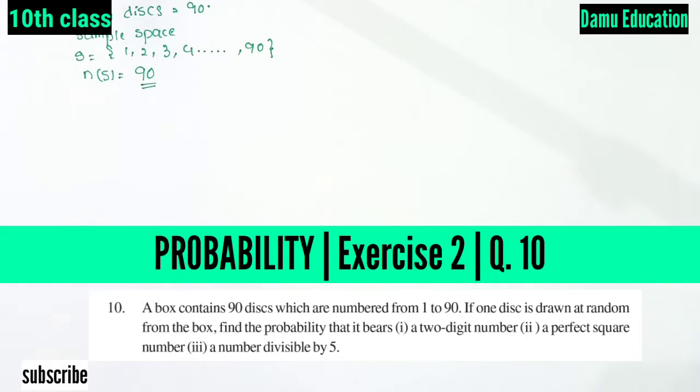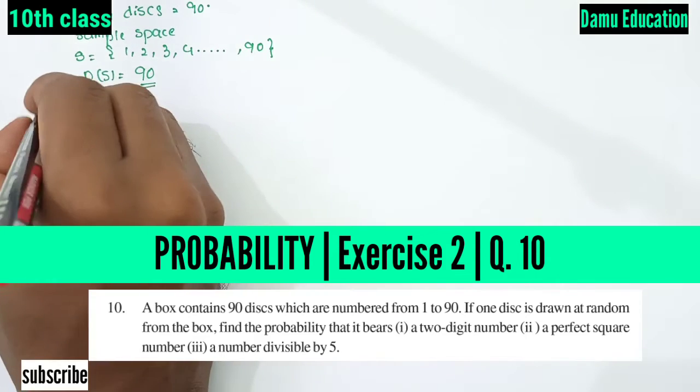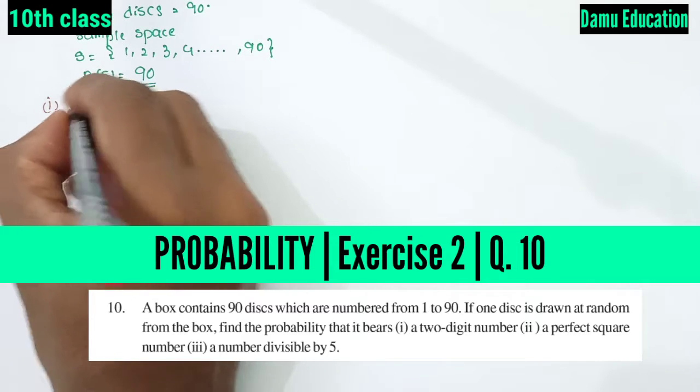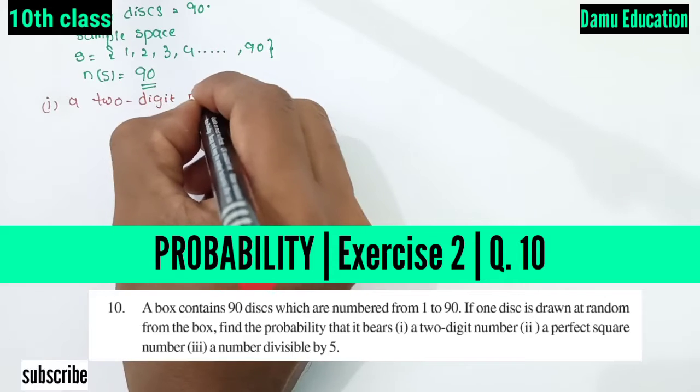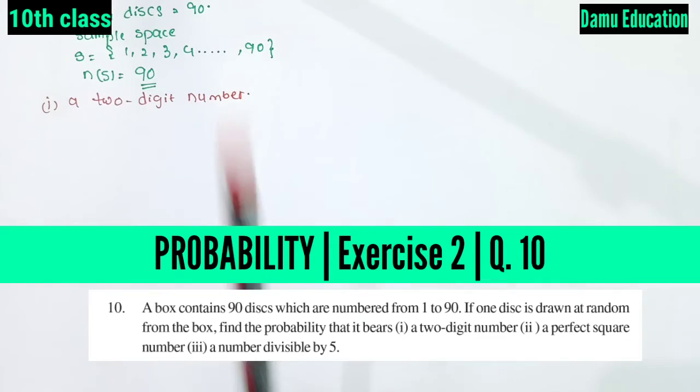Now what is our next one? If one disc is drawn at random from the box, find the probability that it bears, first, a two-digit number.